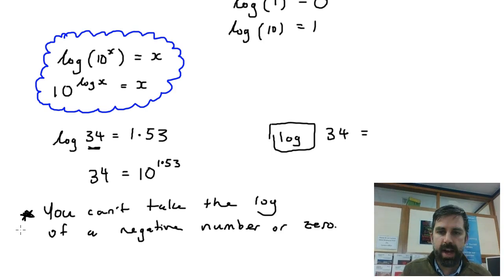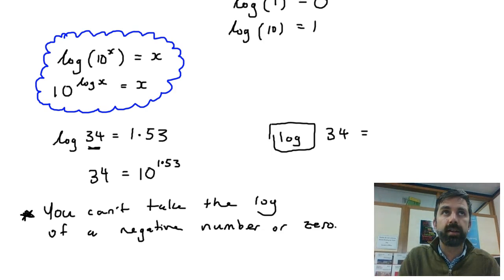The reason for that is that 10 to the power of anything will never give us 0. We're always going to get a positive number. So we can't take the log of 0, because 10 to the power of something will never give us 0. There's no possible answer. And same for negative numbers. There's no way that we can do 10 to the power of something and end up with a negative answer. So we can't take the logs of negatives or 0, and that's just a really important point to note.